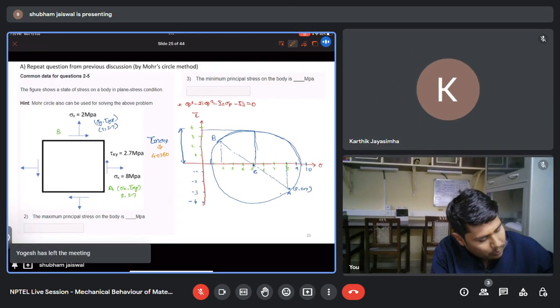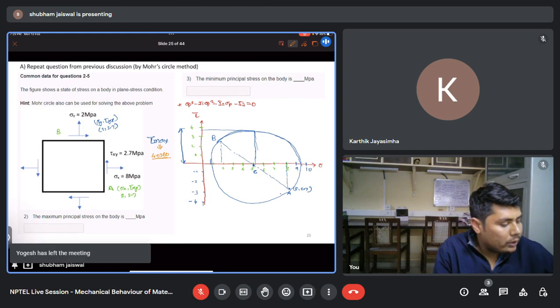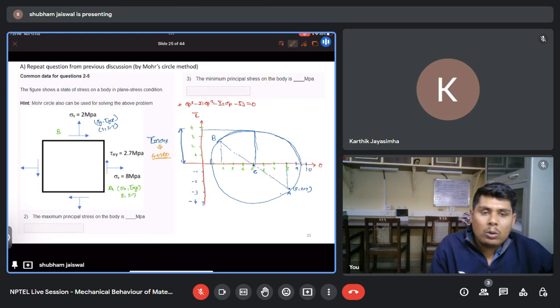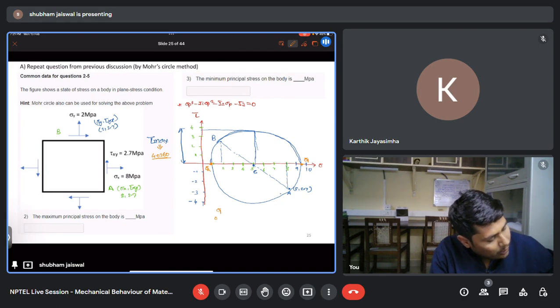You will get something like this value, that is 4.03360. Now what they are asking is to calculate the principal stress. The principal stress is here where shear stress is 0. So this is our sigma 1 and this is our sigma 2. Measure how much sigma 1 and sigma 2 are coming.